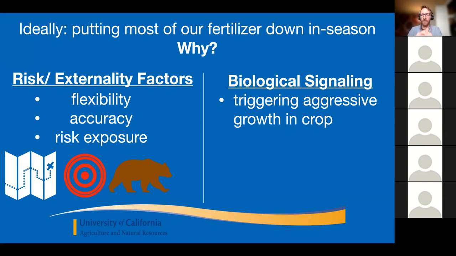Biological signaling is the other reason. Wheat, and many of the small grains, but wheat in particular, is a very plastic plant. It reacts strongly to having an environment that is flush in water and nitrogen and everything signaling it to go for broke.